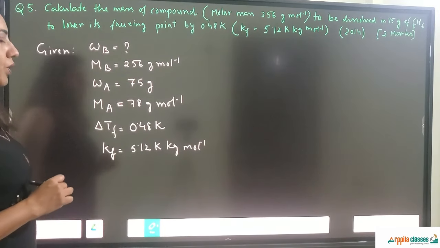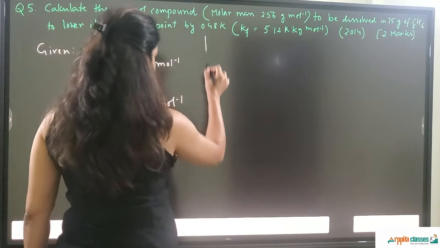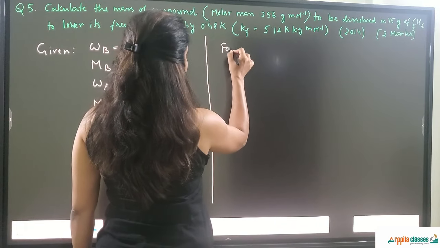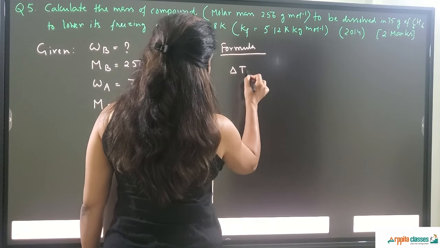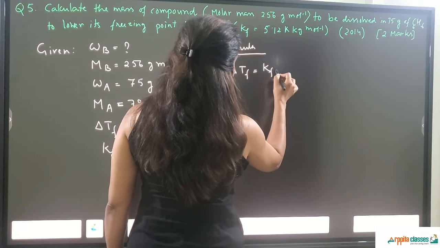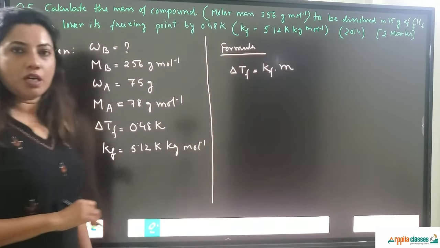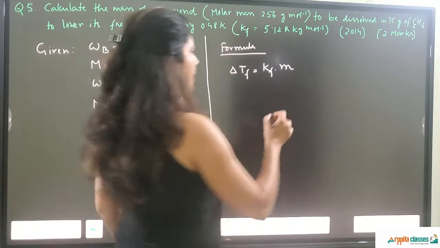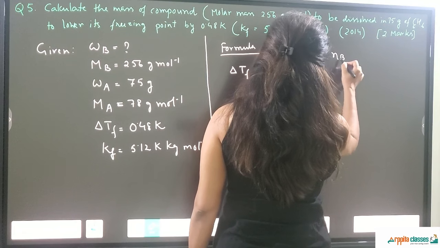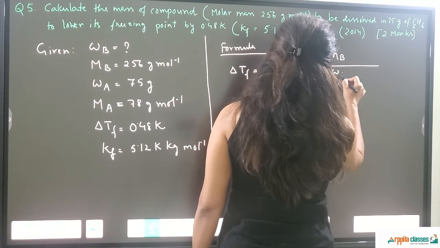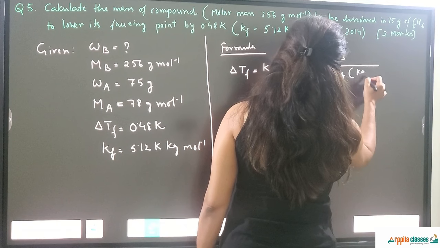So we know the formula here; first we'll write down the formula. Delta Tf is equal to Kf into molality of the solution. What is molality? Molality is equal to number of moles of solute divided by weight of solvent in kg.